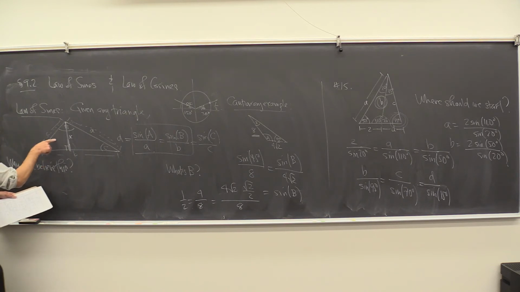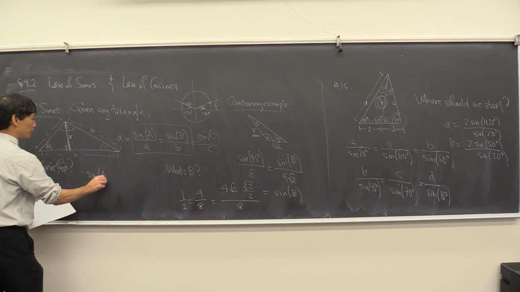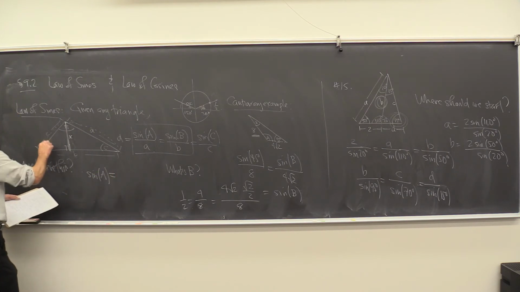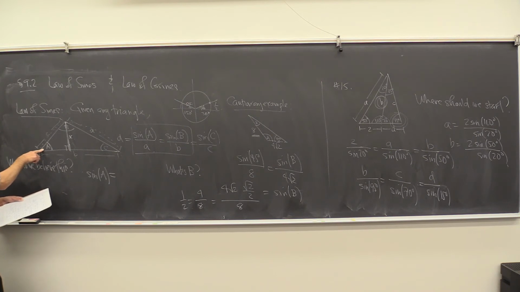Well then, if we're using our triangle definition of the sine, sine of A is going to be what? If we're using the triangles. Take 10 seconds and write down something, just to reinforce the triangle definition.